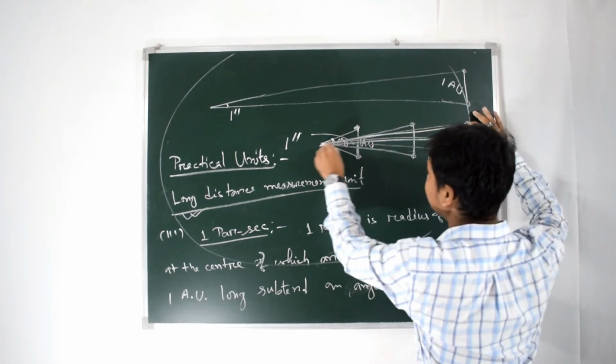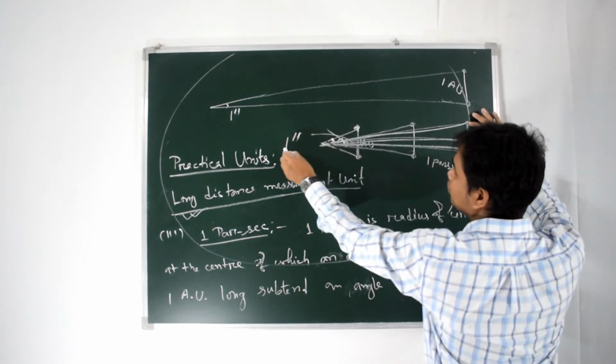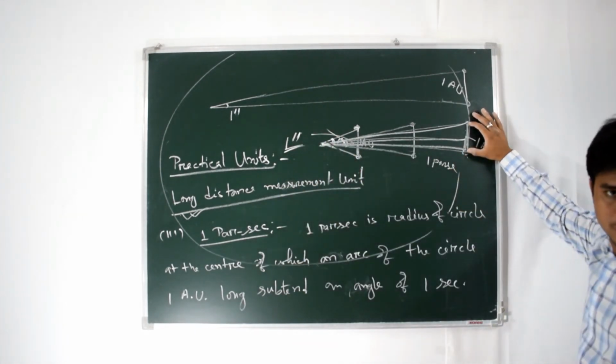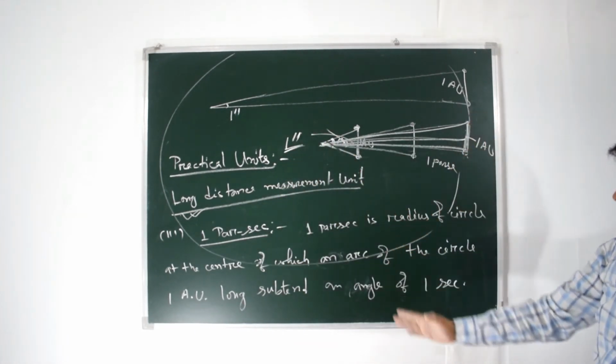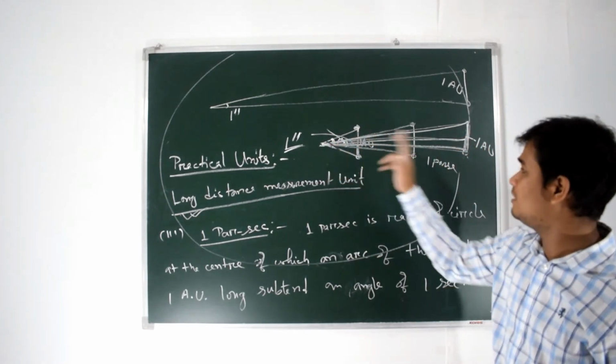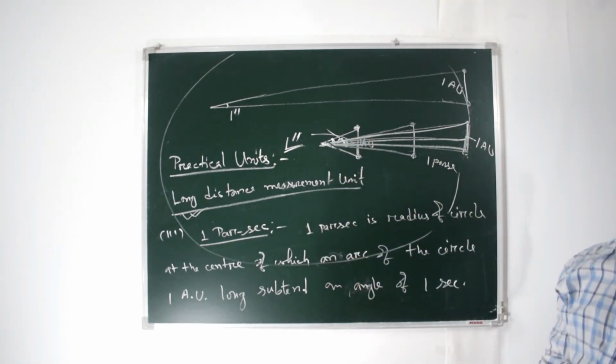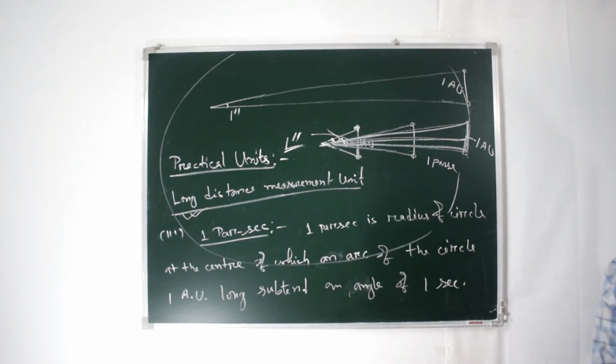So here the angle is 1 second. Then the distance, the radius, is called 1 parsec. Clear? This is long, and it is used in long distance measurement.